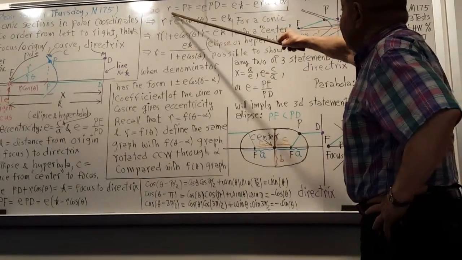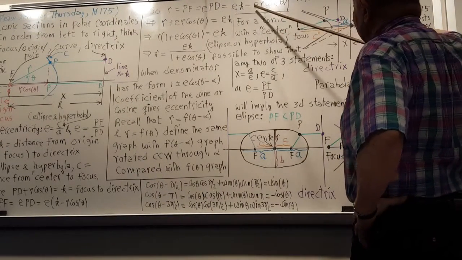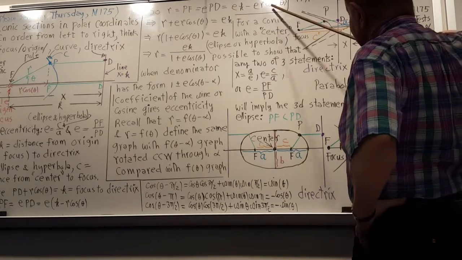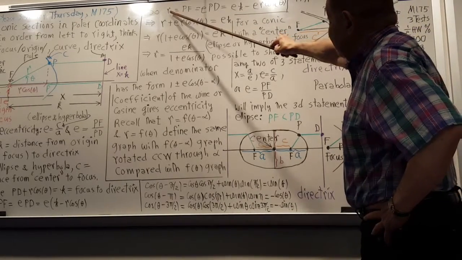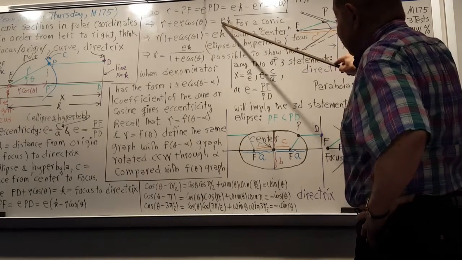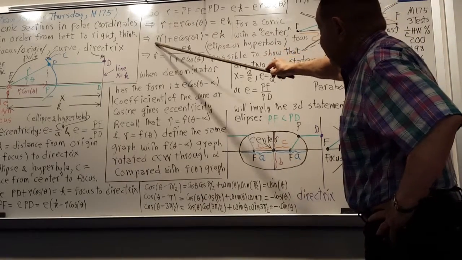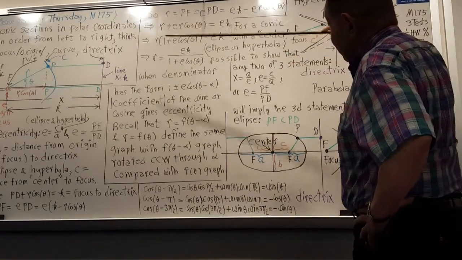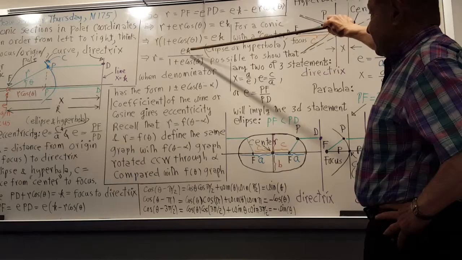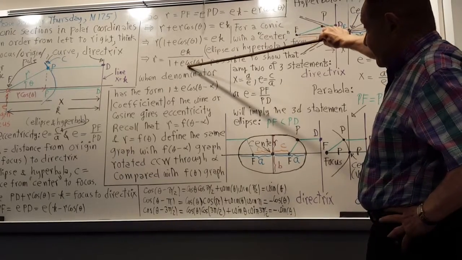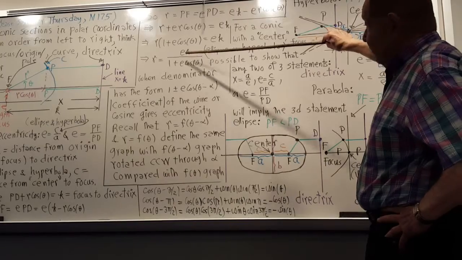So your r is this number minus E r cosine theta. You take this to the left, and you get this line, and then you can factor the r, and then if you solve for r, you get the standard form of the equation of the conic in polar coordinates.